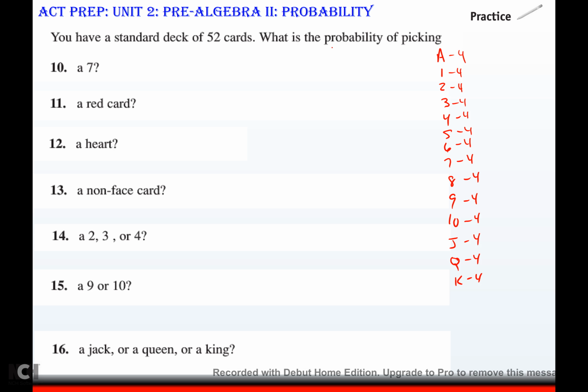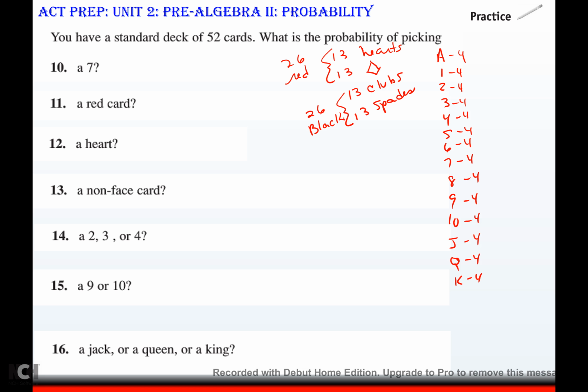You also have 13 hearts, 13 diamonds, I'm drawing pictures, 13 clubs, and 13 spades. You have then 26 red cards, 26 black cards. Okay? Alright, so that should be about all you need to know about the cards.